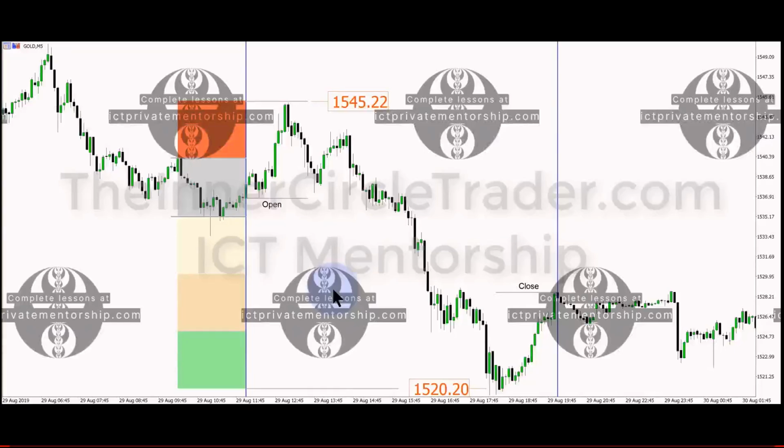A lot of the things that you're going to see happen with precision is going to be largely directly linked to this structure here for New York. This is how I trade New York. This is the framework I use for New York, and I also know when I want to avoid New York.